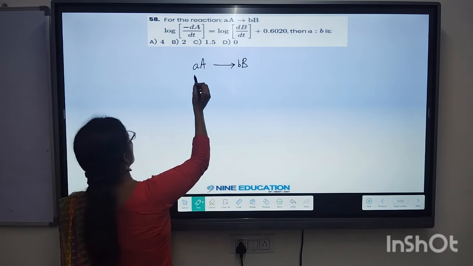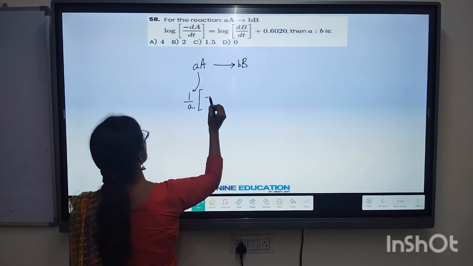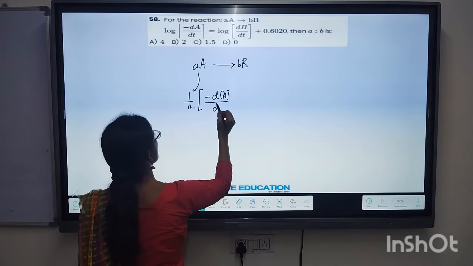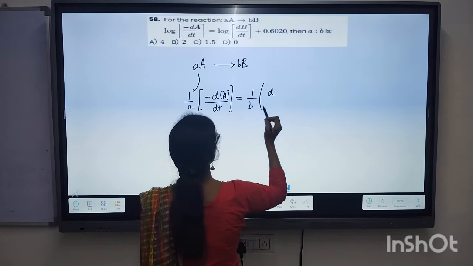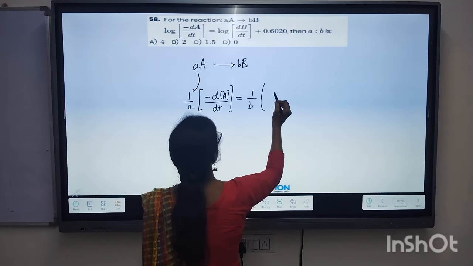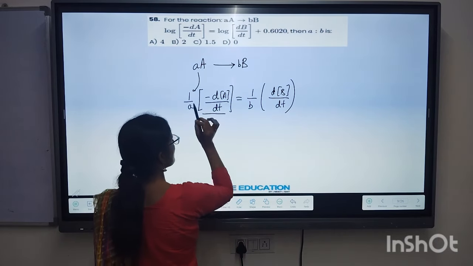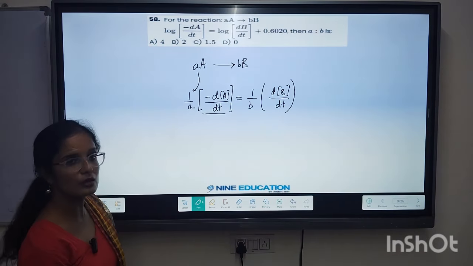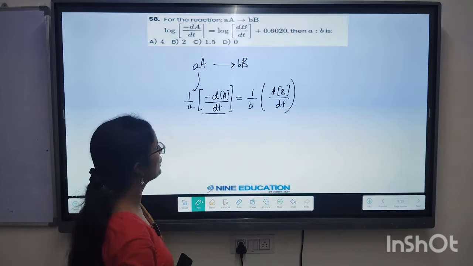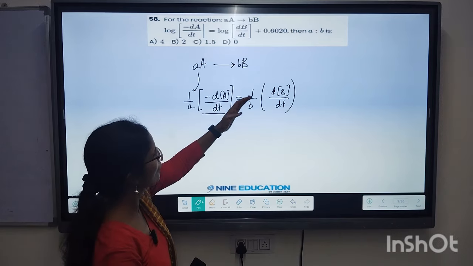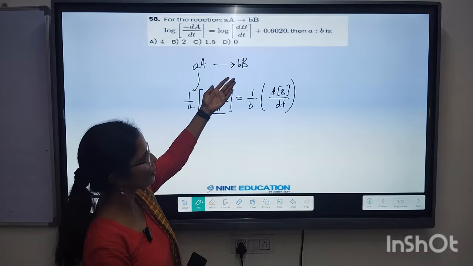So what we can do here is understand that 1 upon A times minus dA by dt will be equal to 1 by B times dB by dt, where minus dA by dt is nothing but the rate of disappearance of A, and dB by dt is the rate of appearance of B. As time passes, A gets converted into the product, so A gets consumed and its concentration decreases, and B concentration increases.